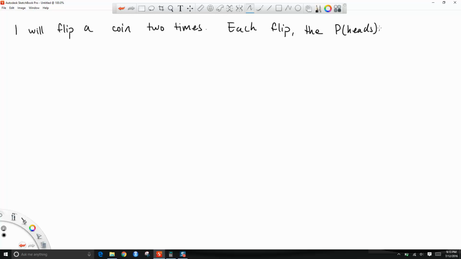Okay, so for example, we can say, I will flip a coin 2 times. Okay, each flip, the probability of getting heads is equal to 0.5, and the probability of getting tails is going to be equal to 0.5. So I can say I flip it twice.